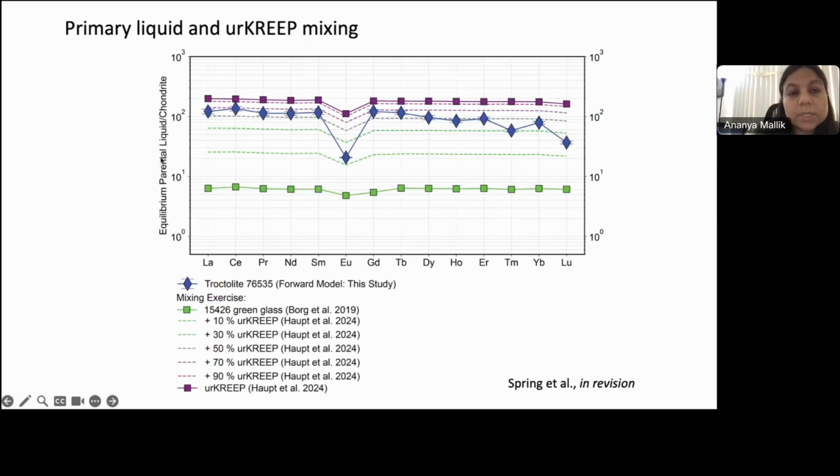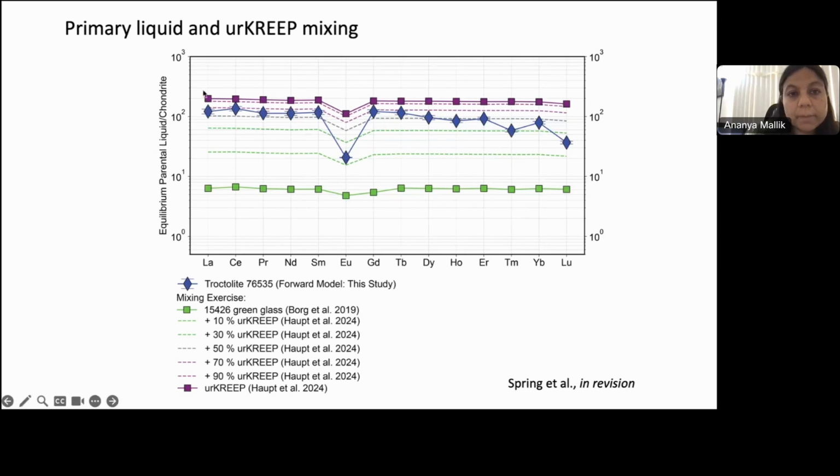So what he did was he assumed that we start with this green glass here, which represents, let's say, a rare earth element poor liquid that's derived from the upper mantle. So a partial melt of the upper mantle. And then what he wanted to do was to see how much earth creep we need to add to this in order to explain the parental liquid that he is getting for 76535.